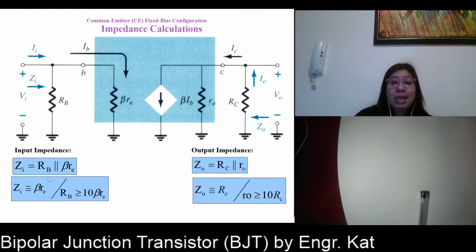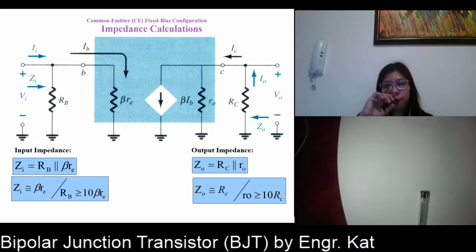Zi is equivalent to RB in parallel with beta re. But when RB is greater than or equal to 10 times beta re, the input impedance is approximately equal to beta re. For the output impedance, we have ro in parallel with RC, but when ro is greater than or equal to 10 times RC, Zo is approximately equal to RC.